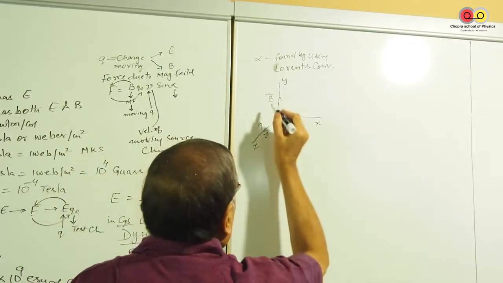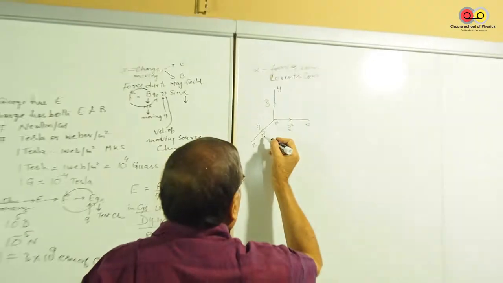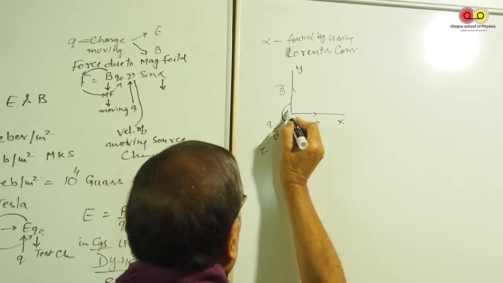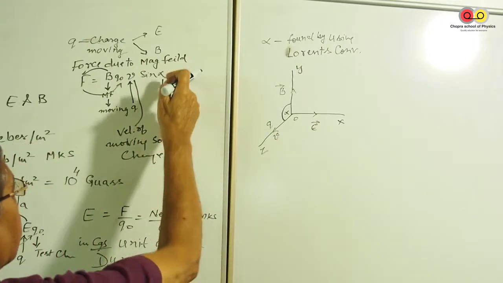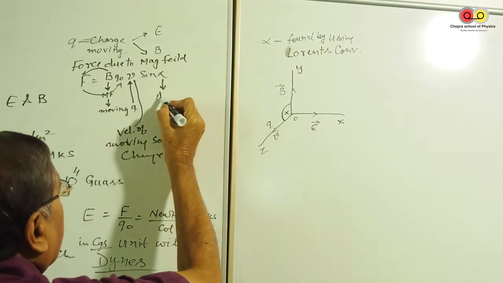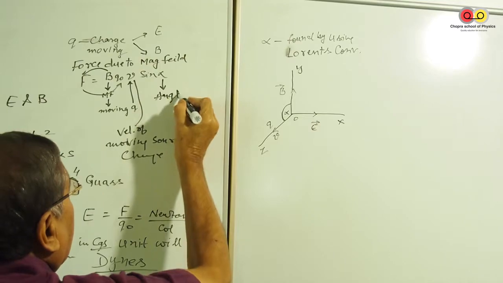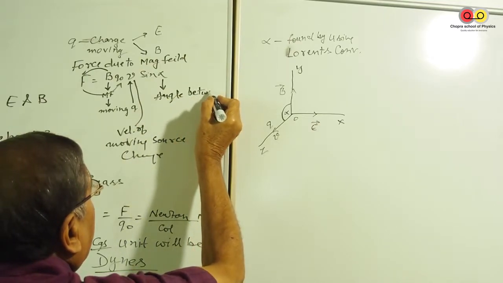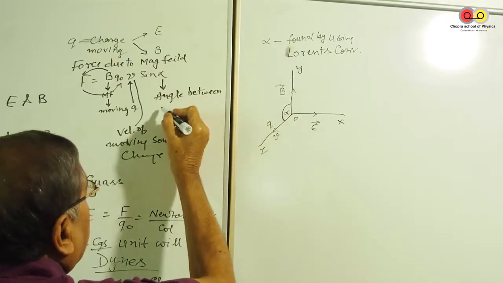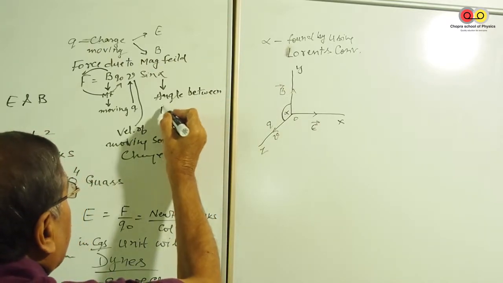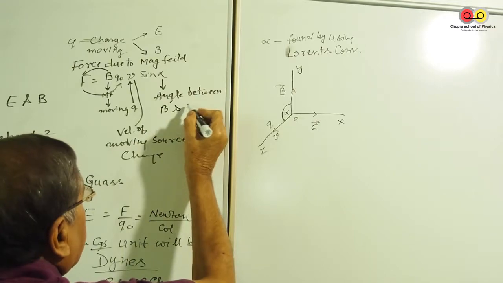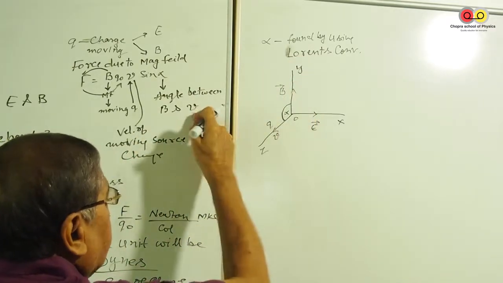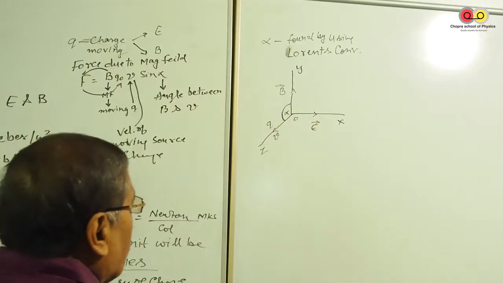So angle between B and V is alpha. So now what is alpha? Angle between B and V. B indicated on y-axis, V indicated on z-axis.